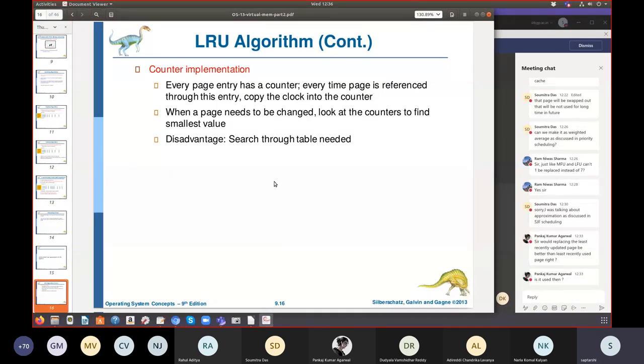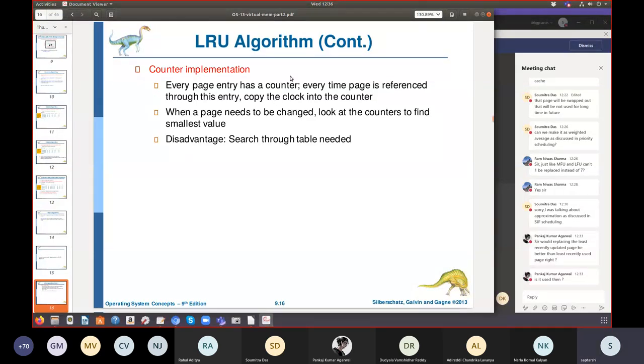But you cannot guarantee that doing that will reduce page faults. It may or may not, depending on the reference string. Some variation of that is used. The servicing time for a page fault would be reduced, because if you are replacing a page which has not been updated, then you do not need to swap it out.